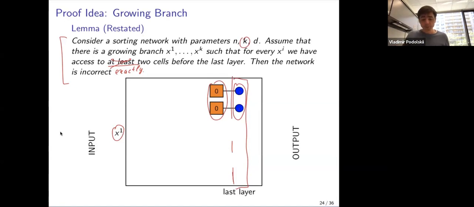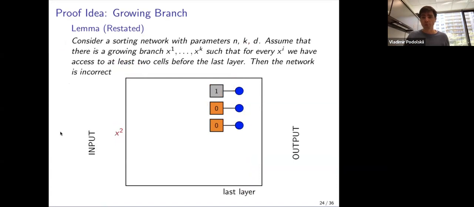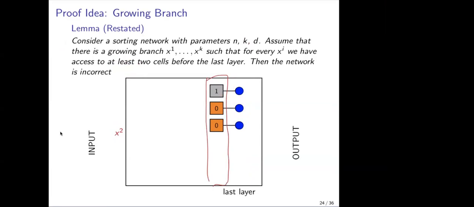What do I do next? I switch my input x1 to x2. What does it mean? I switch some input variable from 0 to 1. What happens? I lose access to one of the cells. I had access to exactly 2 cells on this level, and I lose access to one of them because some 0 will switch to 1.